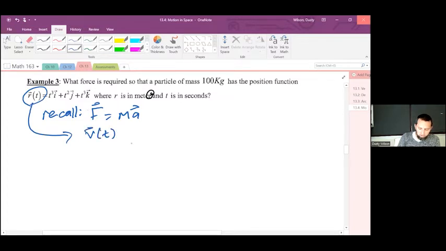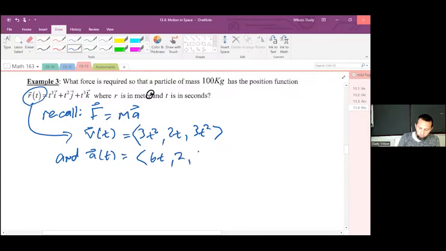If this is the position, then the velocity must be the derivative of the position, or 3t squared, 2t, 3t squared. And in turn, the acceleration is the derivative of the velocity, or 6t, 2, 6t.